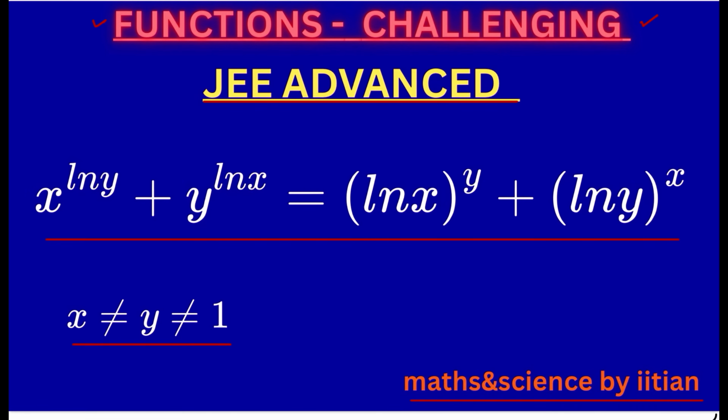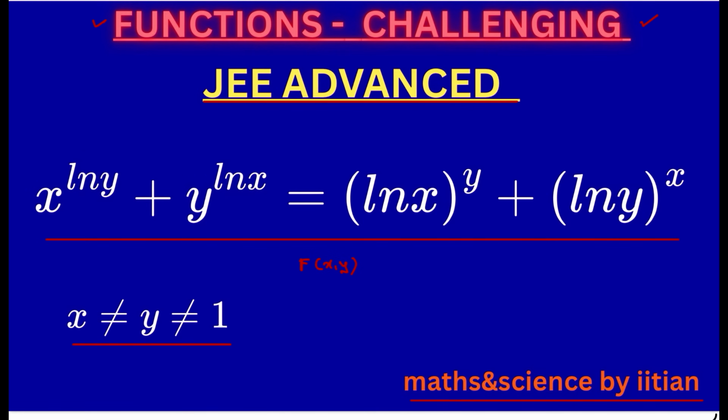It is a single question with two variables: x to the power of ln y plus y to the power of ln x is equal to ln x to the power of y plus ln y to the power of x. Can we find out the pair of x and y to satisfy this equation? Or we can say it's a function of two variables.